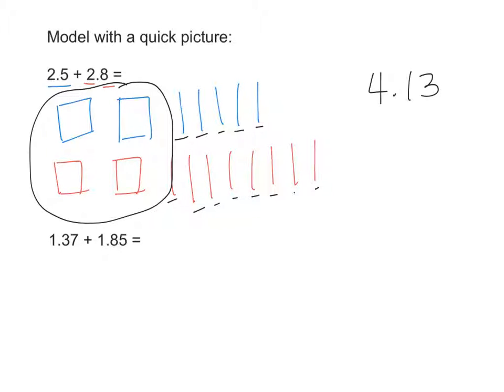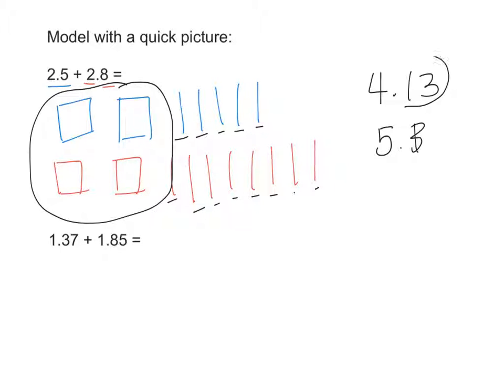Karan? That's wrong. Why is that wrong? It was actually supposed to be 5.3 tenths. Why is it 5.3 tenths? Because you have to remove the 10. Regroup.